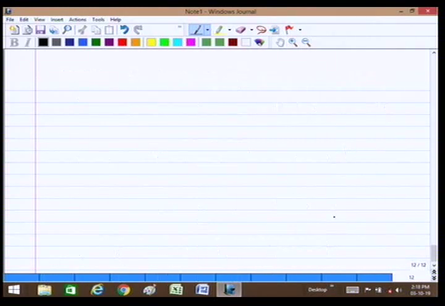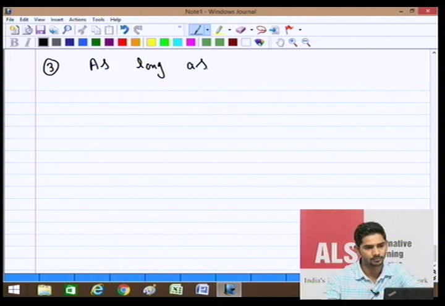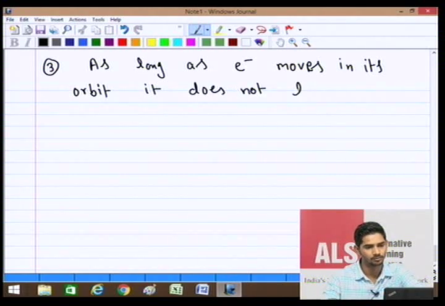Okay, so let's move on. This was point number 2. Number 3: as long as an electron moves in its orbit, it does not lose or gain any energy.